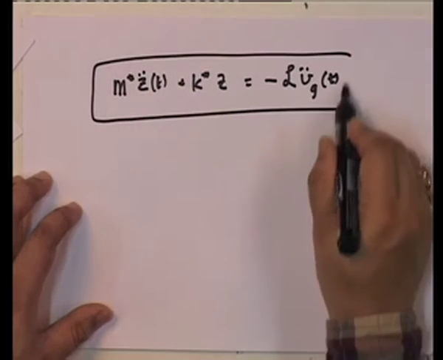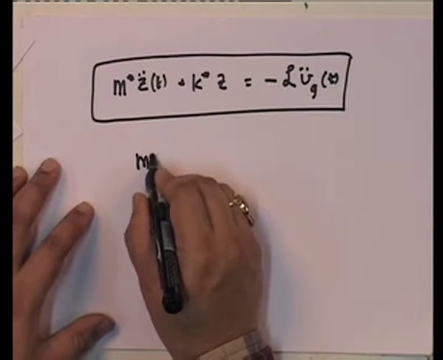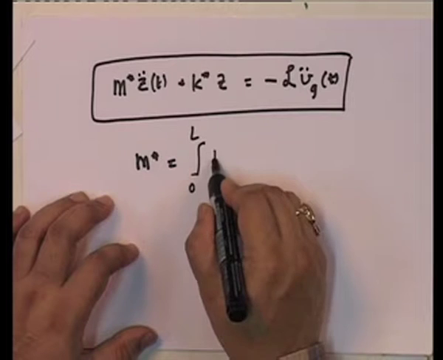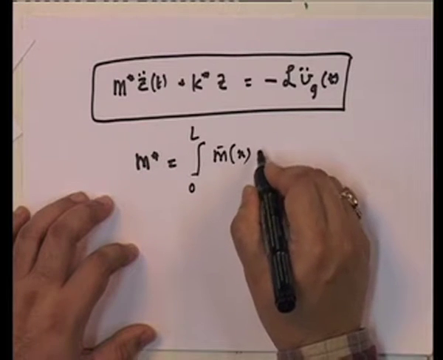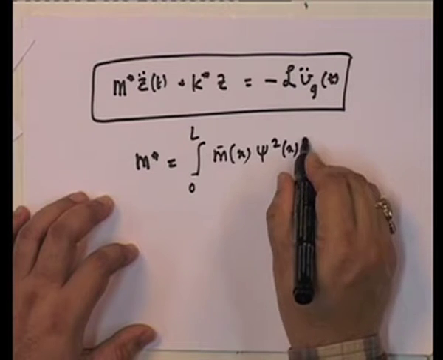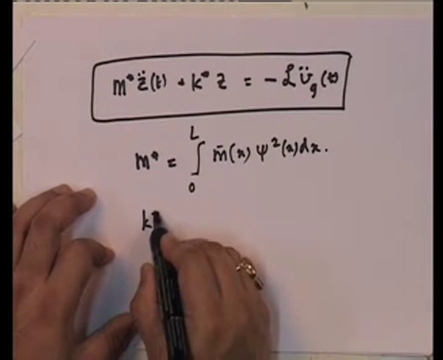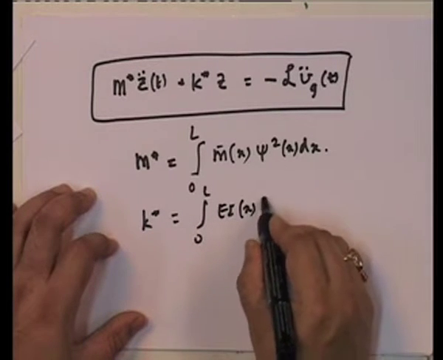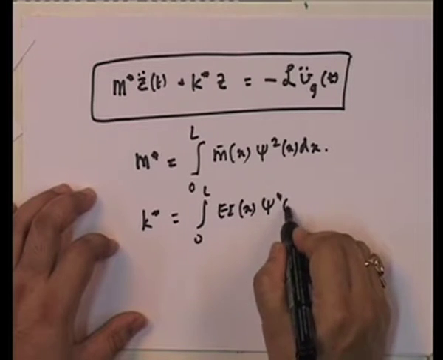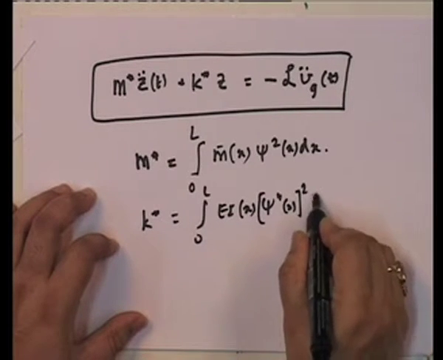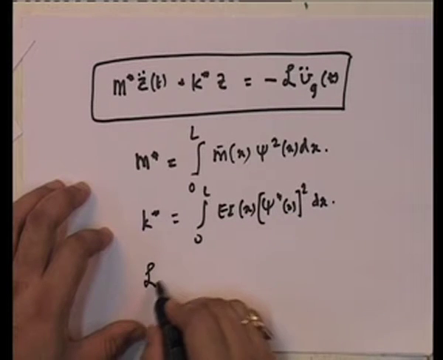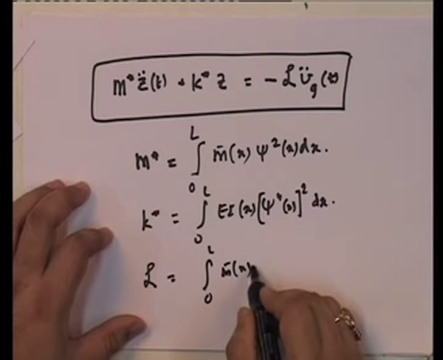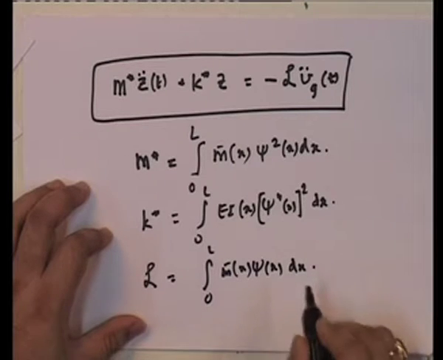This is my equation, where obviously m star is equal to integral 0 to L m bar x xi squared x dx, k star is equal to integral 0 to L E I x xi double prime x the whole square dx, and L is equal to integral 0 to L m bar x xi x dx.